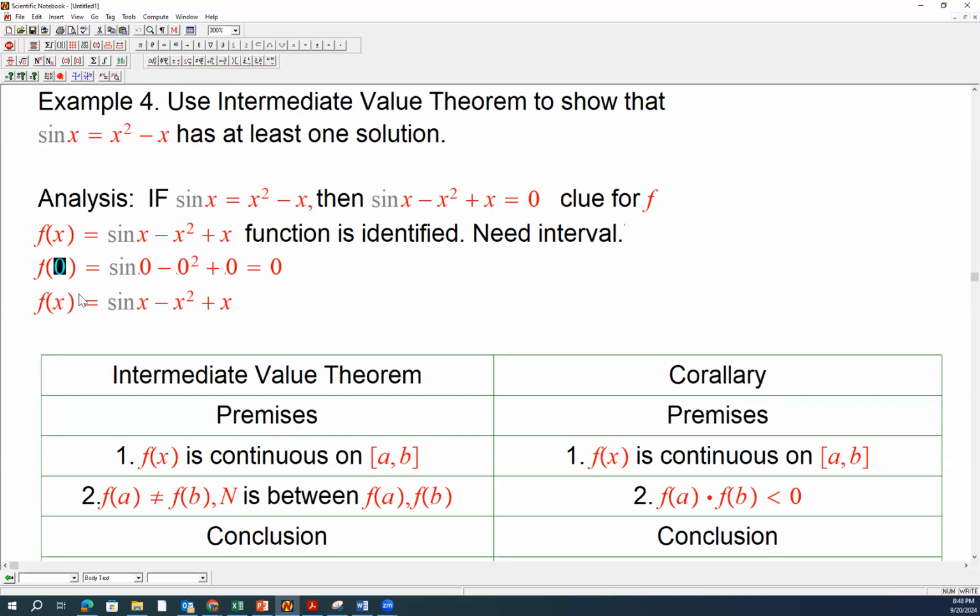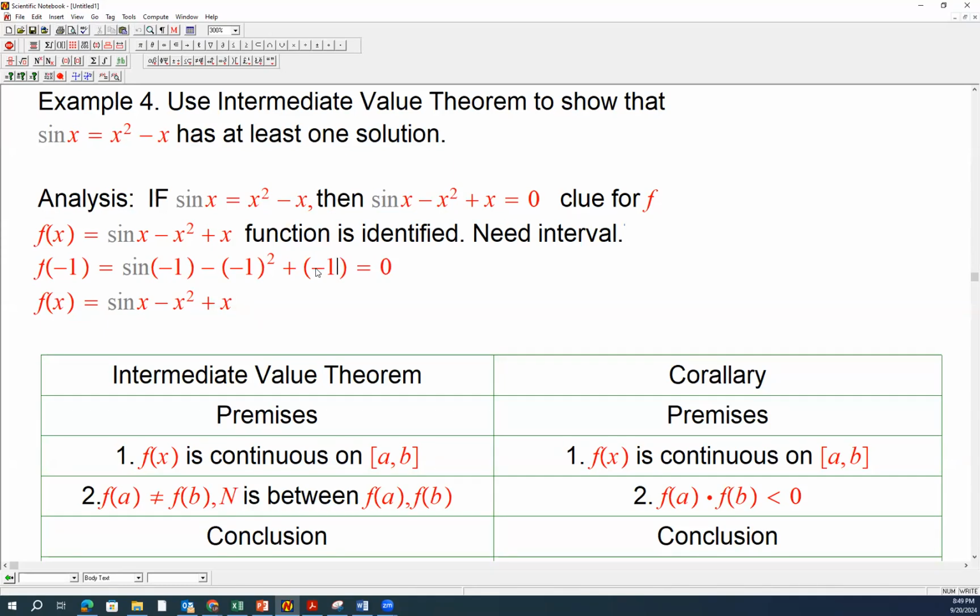So how about I choose -1? I'm going to choose -1, so over here is -1, and x is -1. Check if I have plugged in properly.